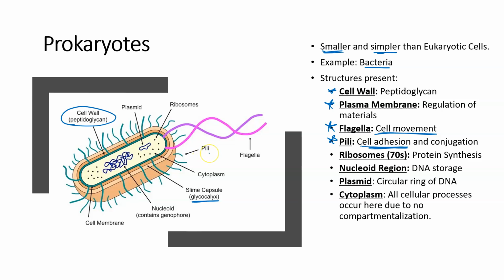It is the conjugation pilus, and that is the particular pili that can actually take the bacteria's DNA, sometimes in the form of the plasmid, and can actually inject or transfer DNA from one prokaryotic cell to another prokaryotic cell. It's similar to sexual reproduction, but remember, prokaryotes always go through asexual reproduction.